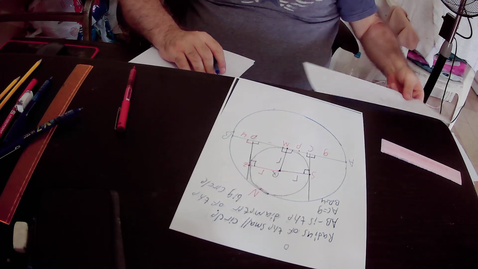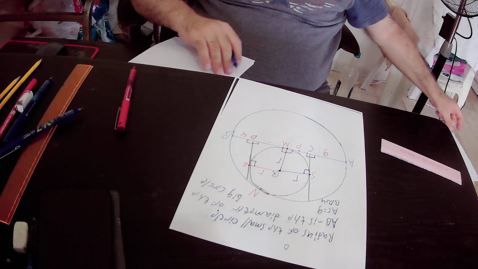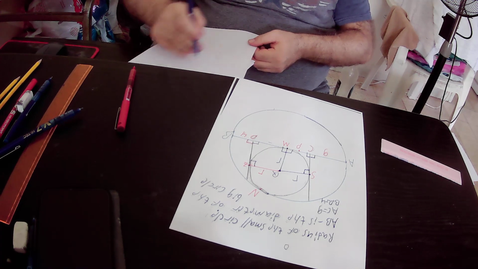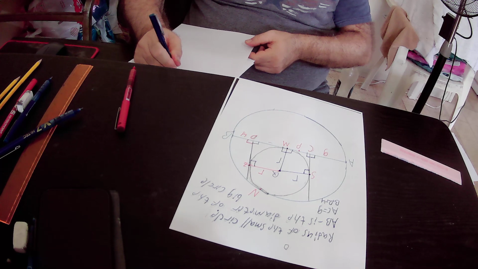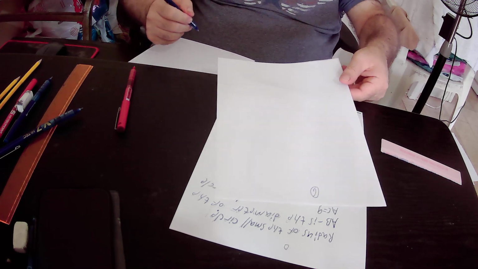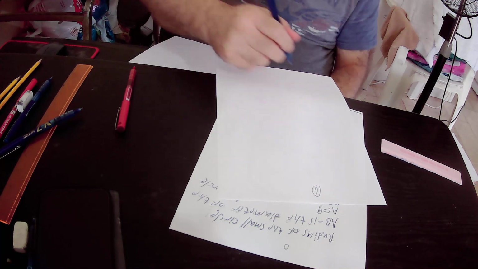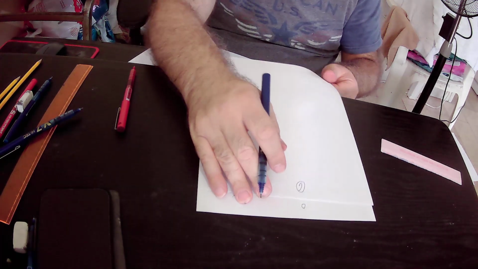So actually we have three angles. The sum of the three angles is 270 degrees.